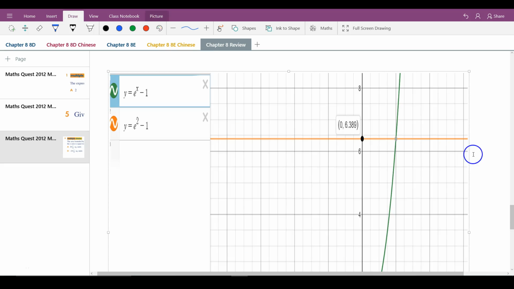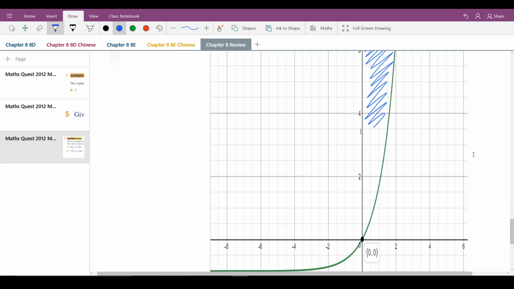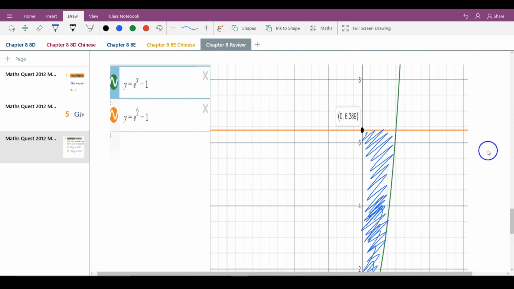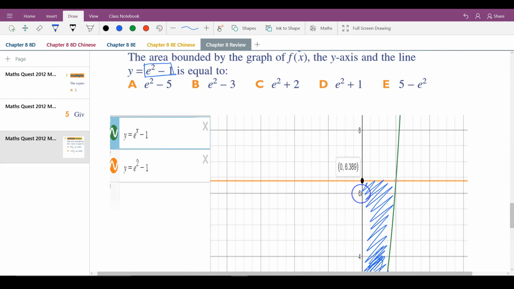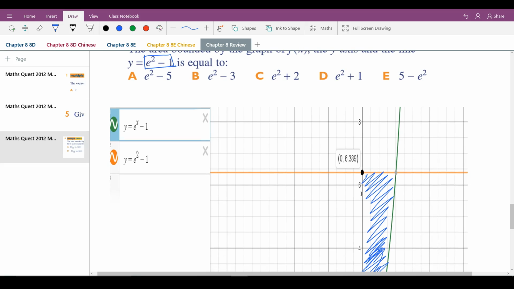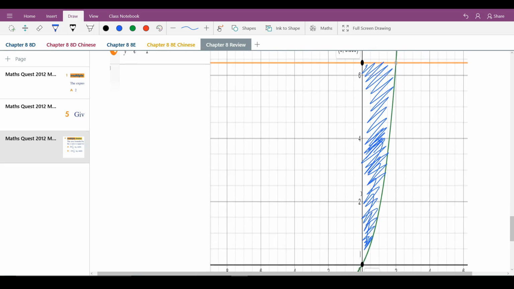So we are actually looking for these areas, from here to here, all the way down here. I might change the look of the graph, shrink it or stretch it a bit. So we're looking for that particular area.